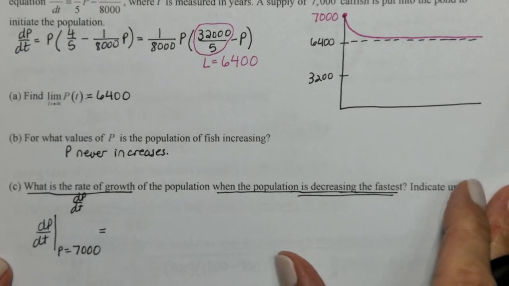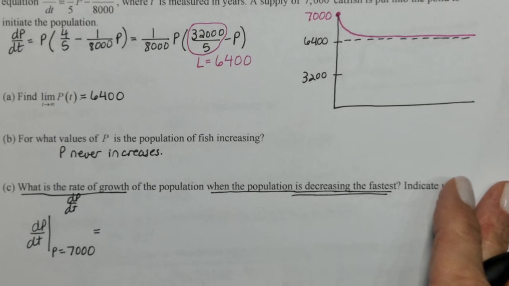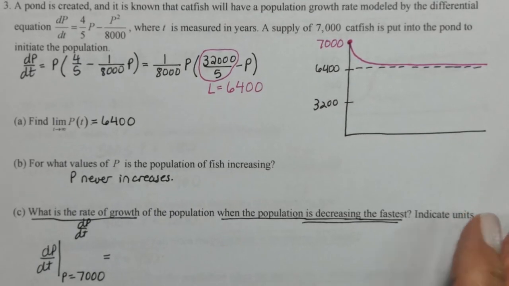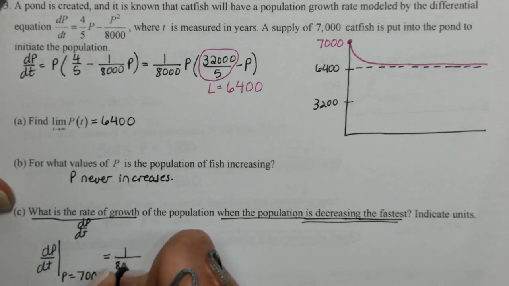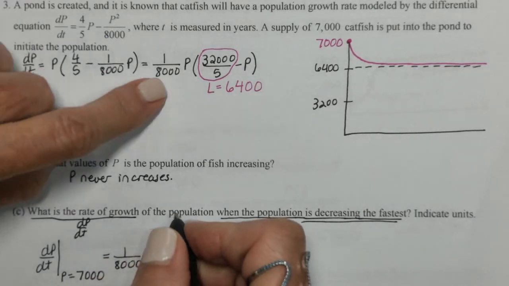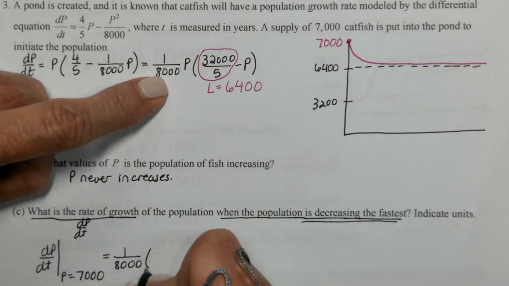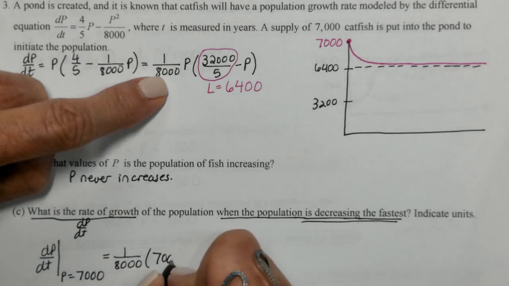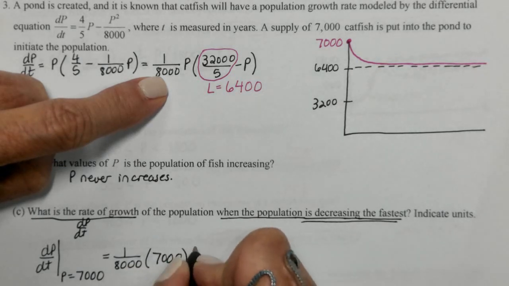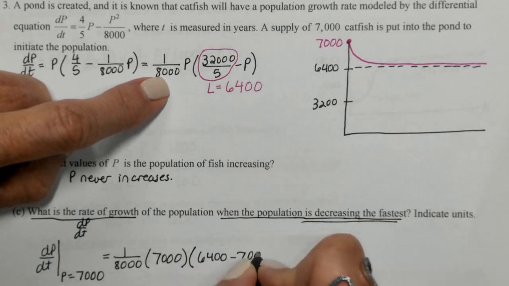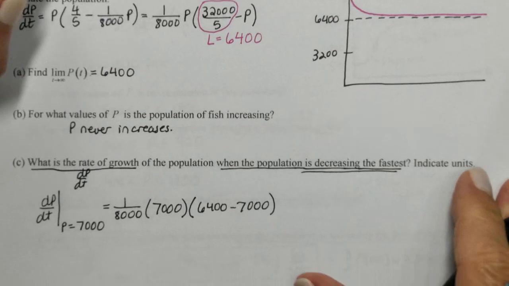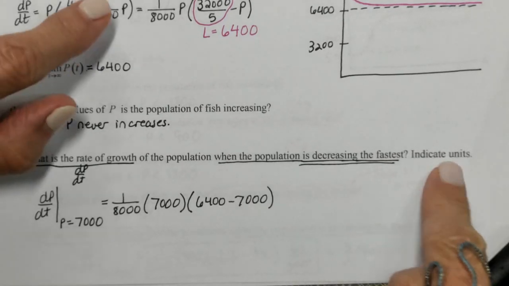So I'm going to go into my differential equation, put 7,000 in for P. I can go into any of them, doesn't matter which one. I'm just going to go into the last one again. So 1 over 8,000 times P times that 6,400 minus 7,000. Indicate units.